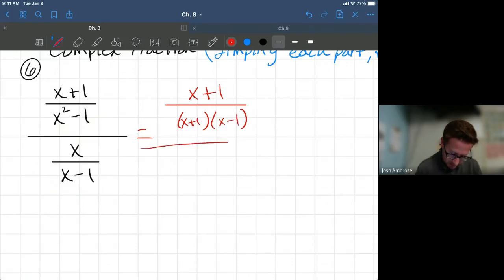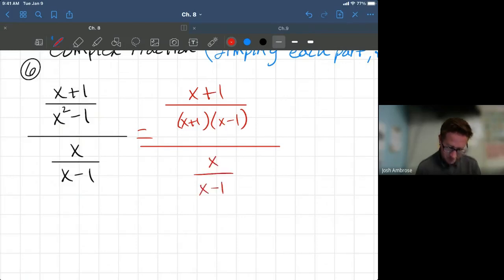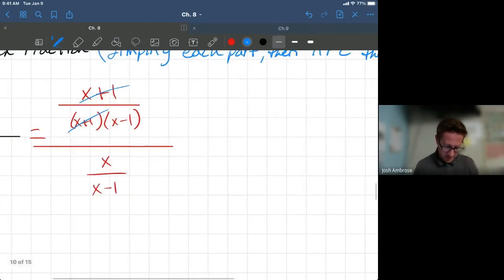This entire fraction is then over x(x - 1). Why did we simplify? Because we could already start to cross things out. That's why x plus 1, x plus 1, that's gone. Before we even did KFC, we were already starting to simplify.